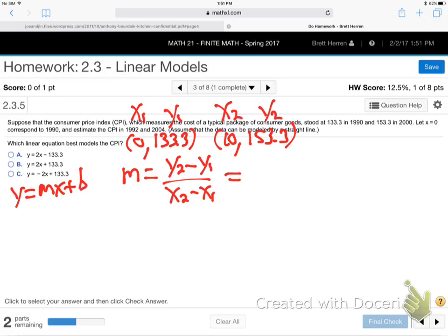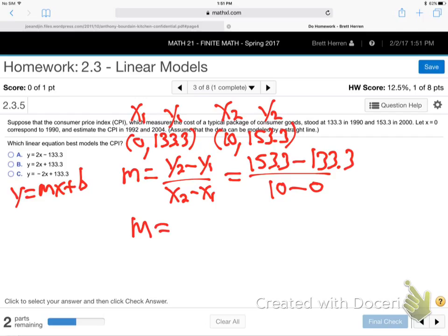We go y2 minus y1, so 153.3 minus 133.3, over x2 minus x1. Is that 20 over 10? So that's just 2. So the slope is just 2, and that's y equals 2x plus b.